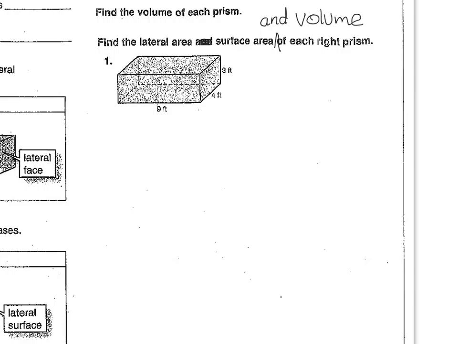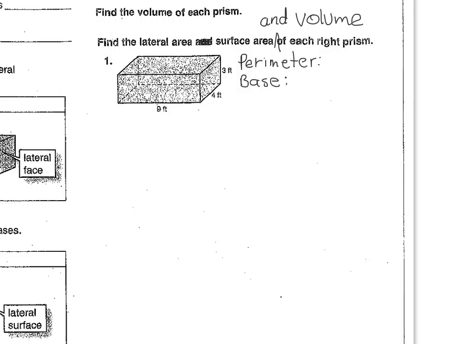Of each right prism. What I recommend on these problems is, first, since we're going to be working with the perimeter, find the perimeter. And then find the base, and by base, we're talking about the area of the base.